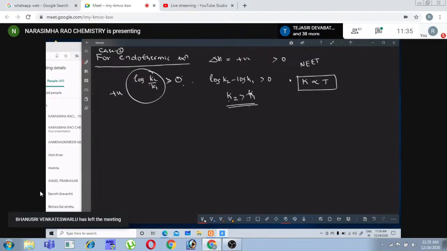Now these are the factors especially affecting the equilibrium constant. Now let me discuss some other factors. The other factor is the effect of concentration.